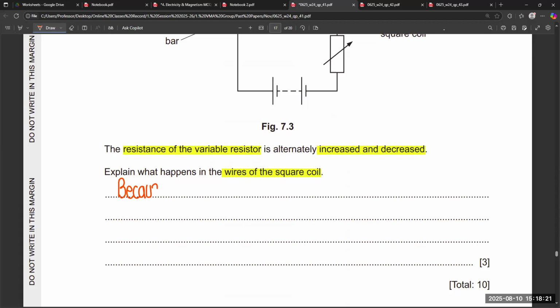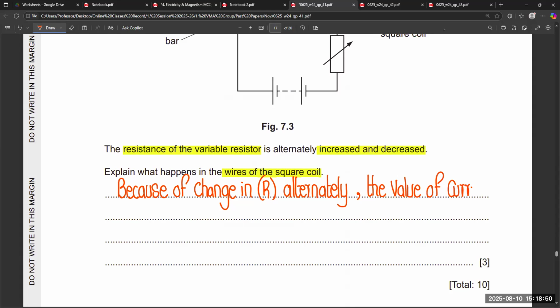Because of change in resistance alternately, the value of current also increases and decreases alternately.